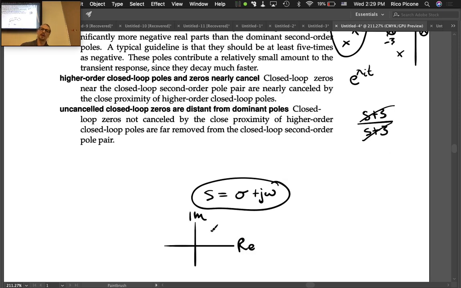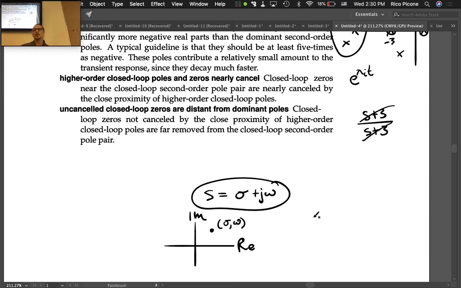So you have a coordinate here, which is a pair of numbers: a real number, which we often call sigma, and an imaginary component we often call omega. These can take on any real number value, positive or negative, each of them. So this point can move around in the entire plane.